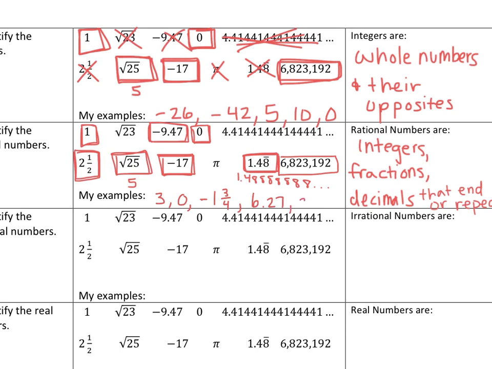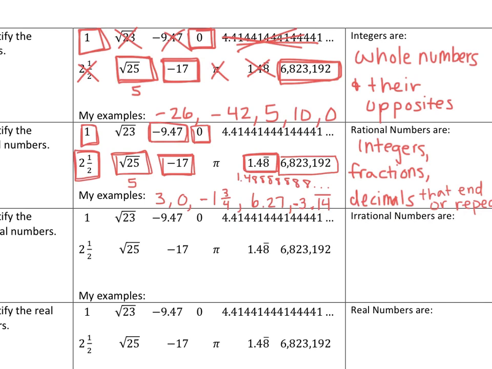We could have negative 3 and 14 hundredths, but I'm going to put that repeating sign over the 1 and the 4. What that means is it would go 1, 4, 1, 4, 1, 4, and keep going.